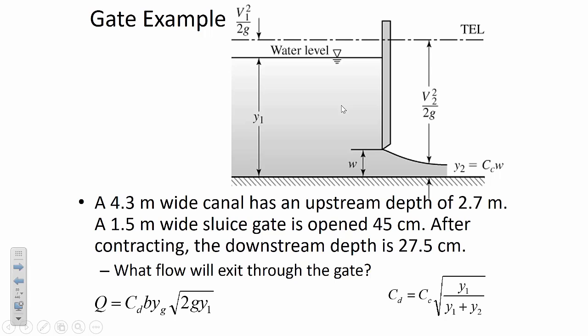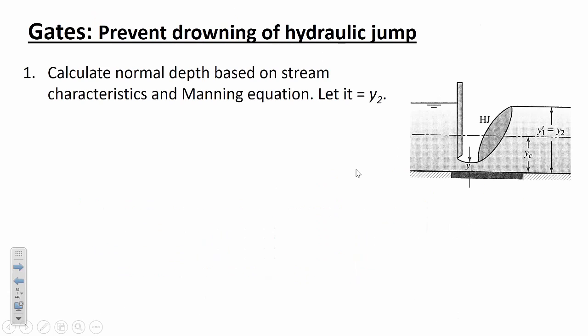And if it's flowing at a supercritical depth on a slope that can't support supercritical flow, then it's going to experience a hydraulic jump. So here you can see a picture of a gate that's doing just that same thing. It's causing a hydraulic jump because the gate opening is below the critical depth line.